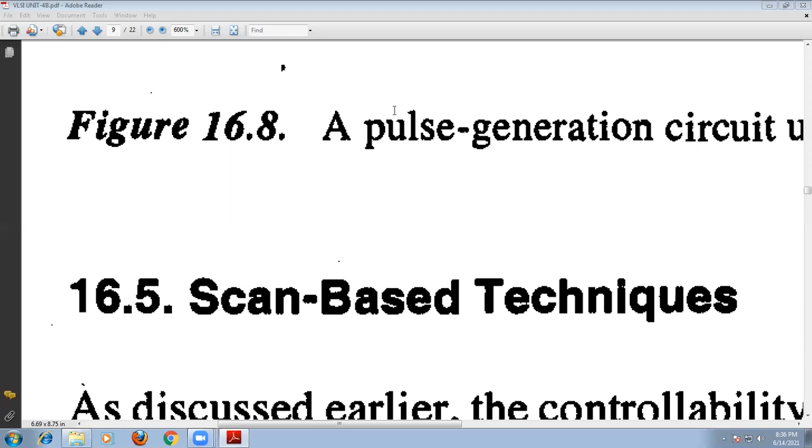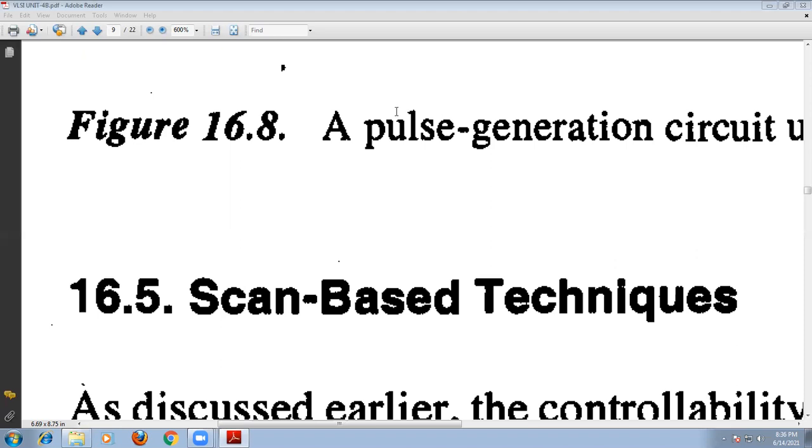These IO pins are very costly, and not only does the circuit become costly, but chip fabrication and also packaging become very difficult.